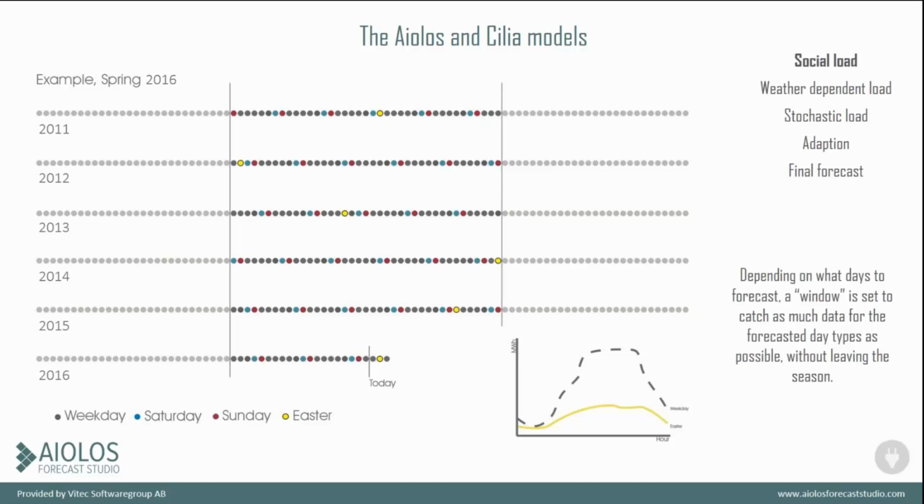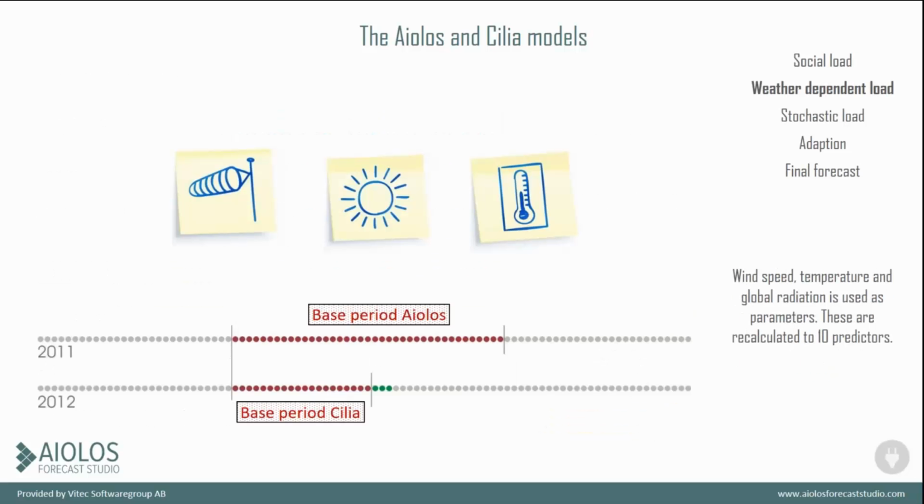And then after this, we're looking at the base period. So here you're looking at the weather-dependent load. This is where you also differentiate between the Celia model and the Aiolos model. With the Celia model, you start from the forecast start date and you start looking backwards immediately after that.